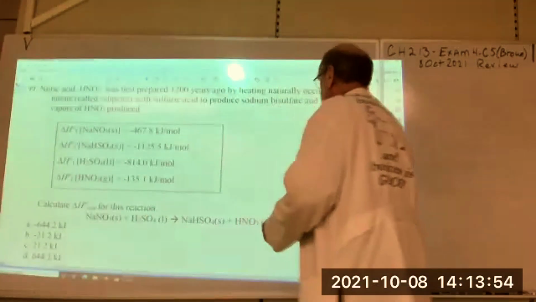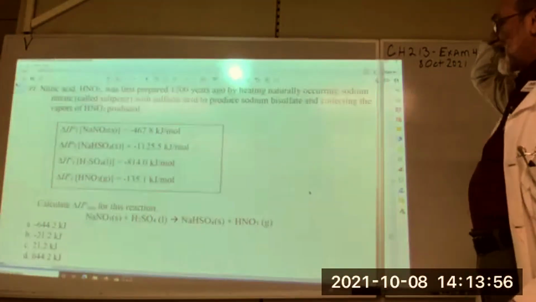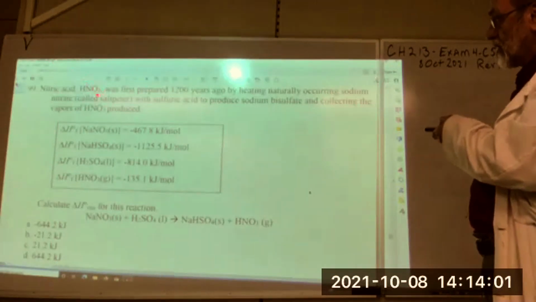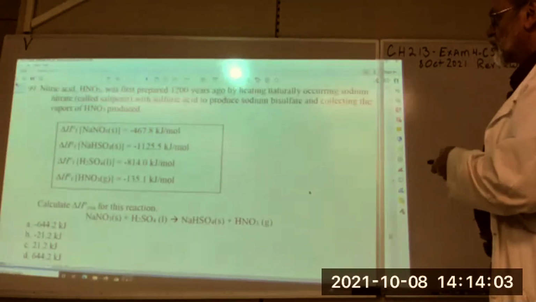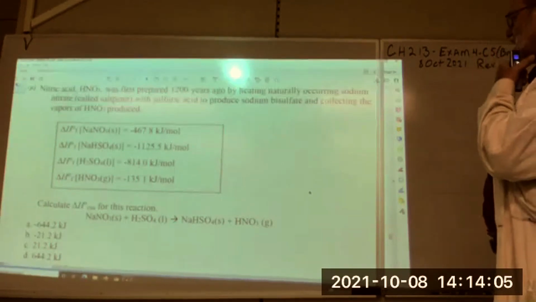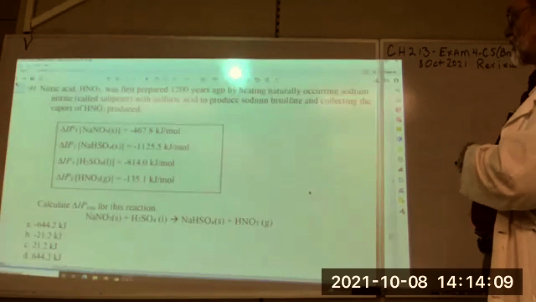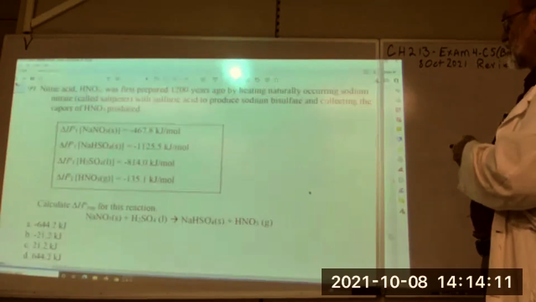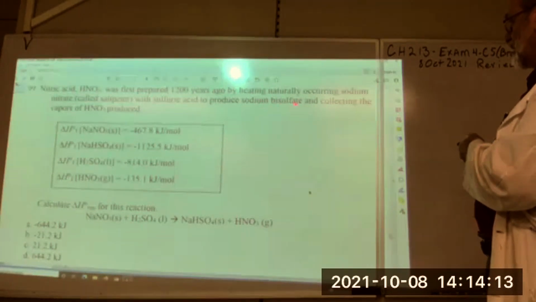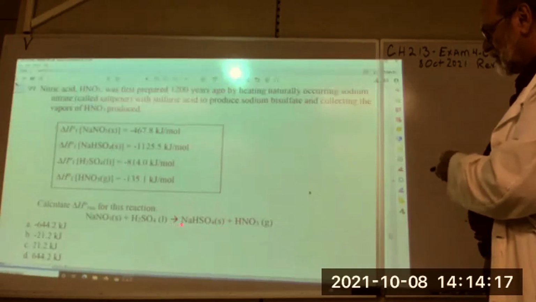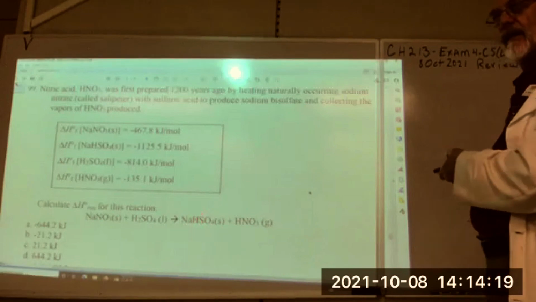Okay. Nitric acid, HNO3, which should have an aqueous out here, was first prepared 1,200 years ago by heating naturally occurring sodium nitrate, also known as saltpeter, with sulfuric acid to produce sodium bisulfate. This is sodium bisulfate. Bi adds a hydrogen in there.